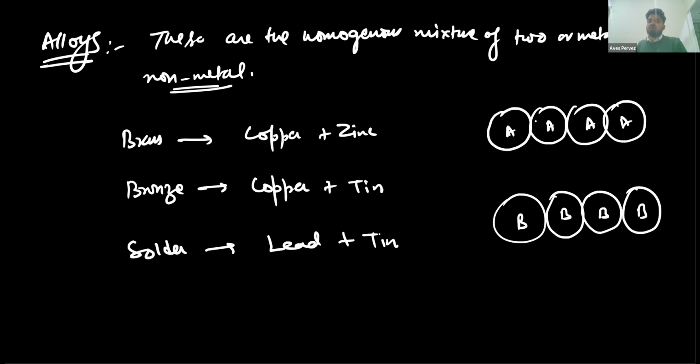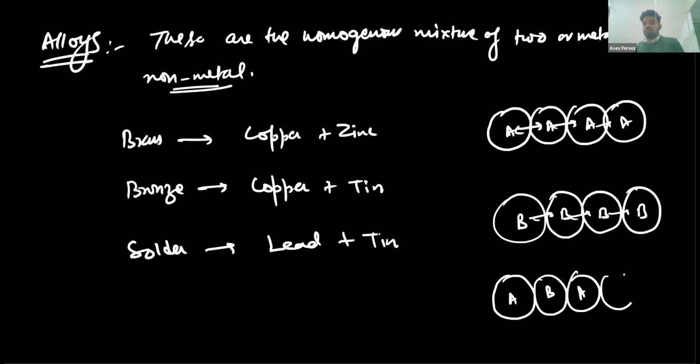The force of attraction between AA and BB is not as strong as when we mix A and B. So if they like each other more, we mix them to increase the durability. We mix them AB, AB, AB, and they will have more force of attraction, so this alloy will be more durable.